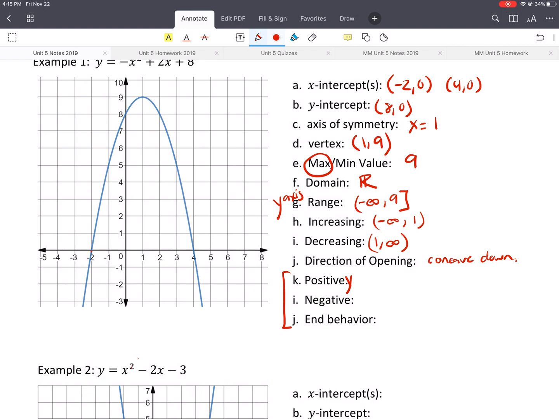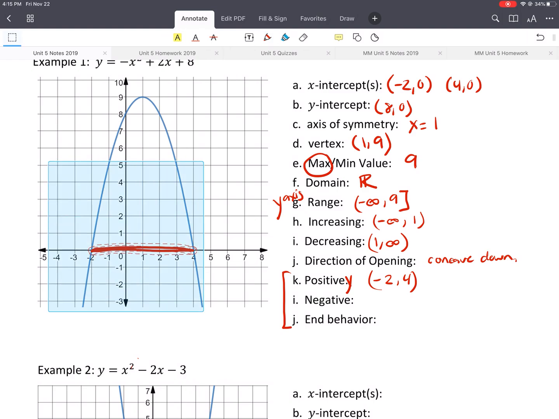So positive y's would be in between these two areas. So these are all positive y's. Okay, so our interval would go from -2 to 4. That would be our interval for positive y values.